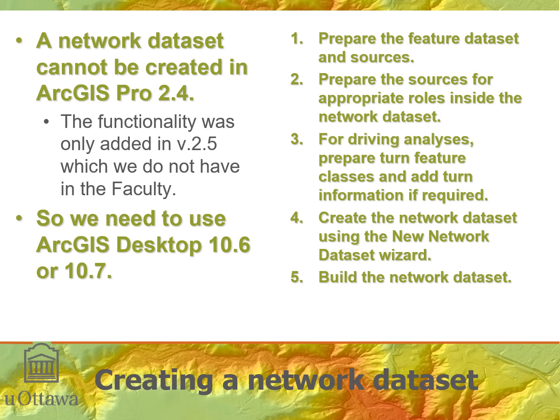The general steps in preparing a network data set are firstly to prepare the source feature classes. These are the feature layers that are usually a street network, trail network, walking network, sidewalks, etc., that participate within the network data set.